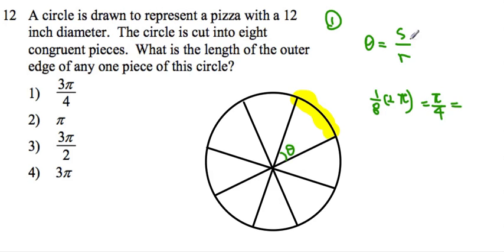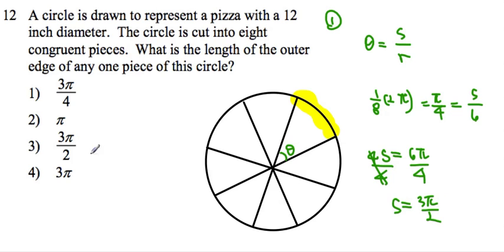But that has to be equal to, by the formula, s, which we are looking for, over r, the radius of 6. Cross multiply, we get 4s is equal to 6 pi. So divide by 4, we get s will be equal to 3 pi over 2, which is choice 3.